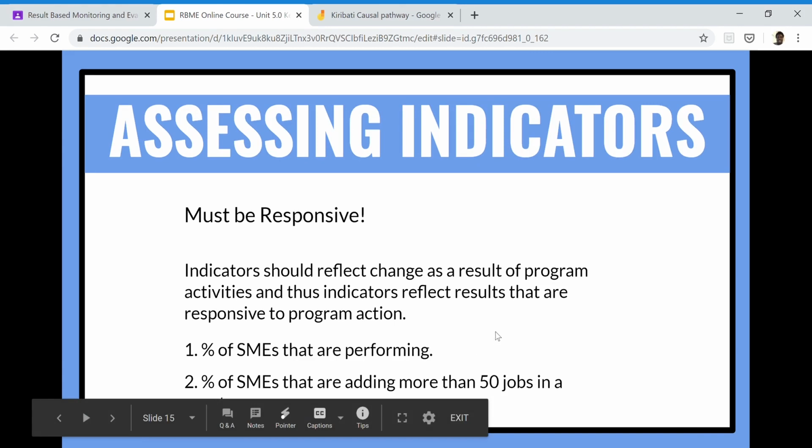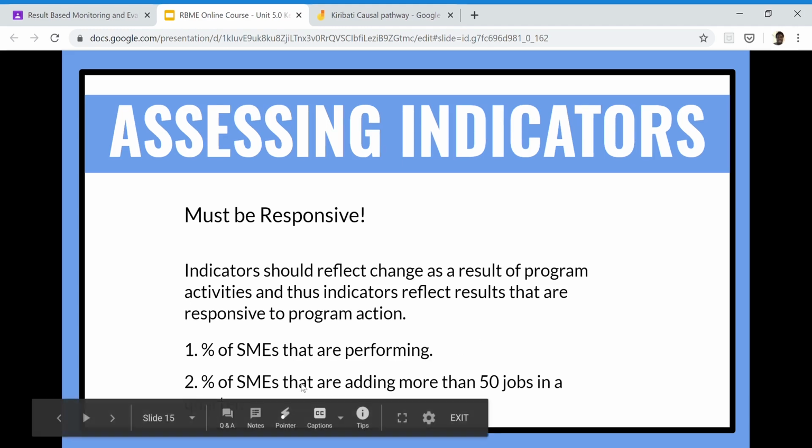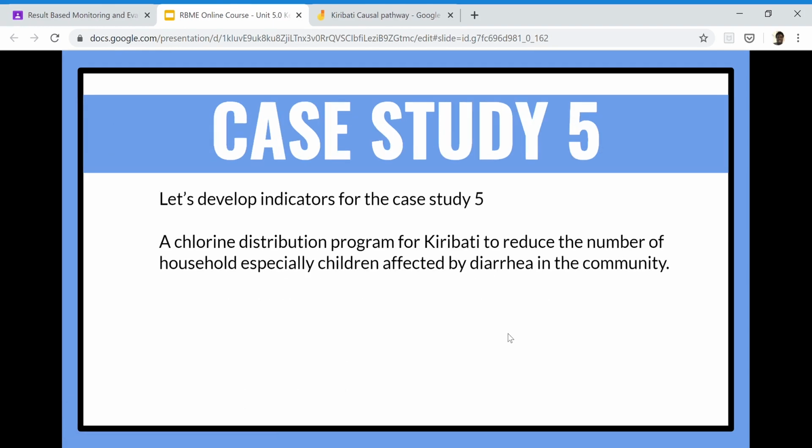The second one can quickly show you. When you say performing, what does performing mean? Performing here means adding more than 50 jobs in a quarter, and not just saying percentage of SMEs that are performing.